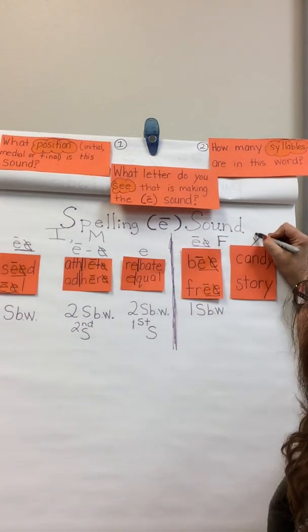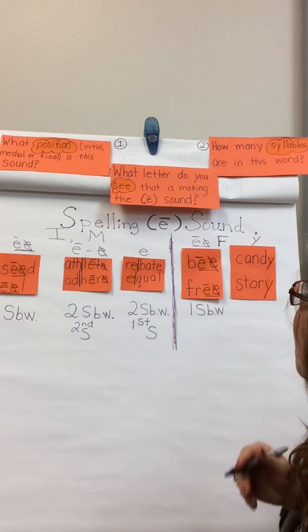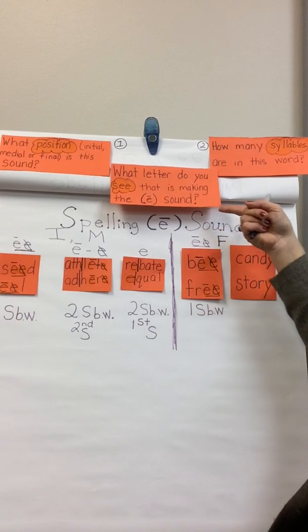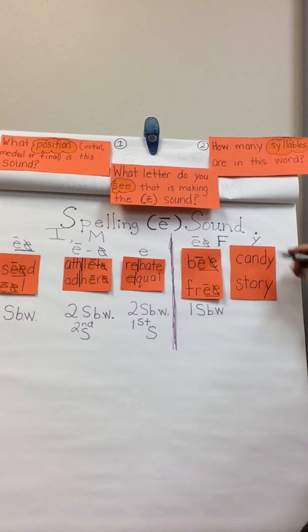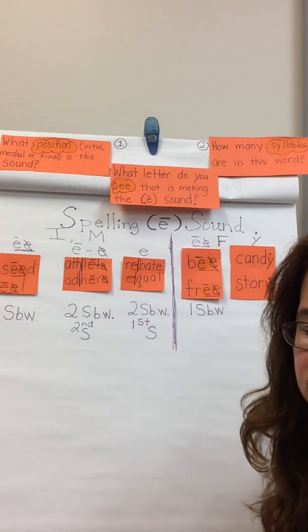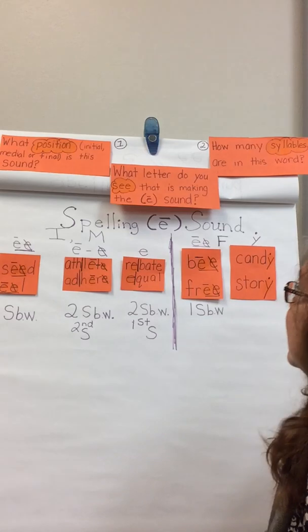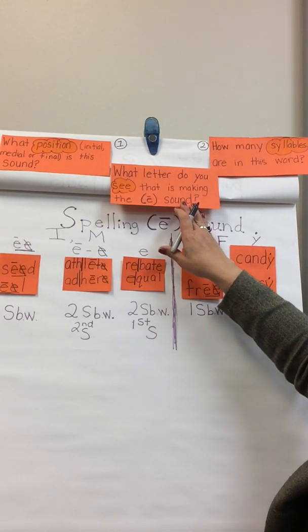It's vowel Y. That's why Y sometimes is a vowel. So the letter we see that's making that E sound is vowel Y. And I put this dot on top of it to remind me that's a vowel instead of a consonant. Y is a consonant when it's in the initial part of a word, but when it's in medial and final, it's a vowel. And it's making that E sound.